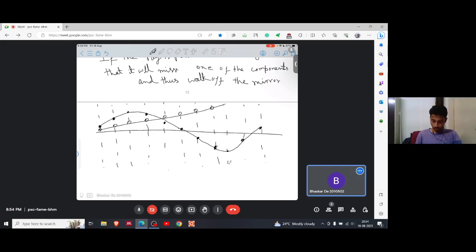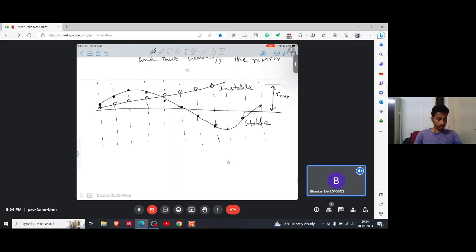So this is the R max, and this is the unstable cavity and this is the stable cavity. Here you can see the value of different R after the transmission. For example, I write s plus 2, s plus 3, s plus 1, s minus 1, s minus 2, s minus 3.